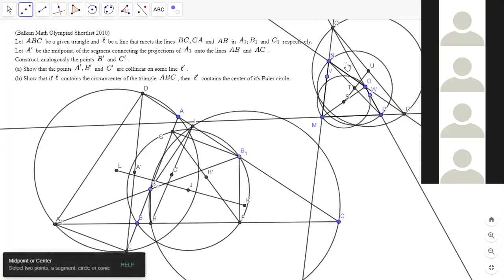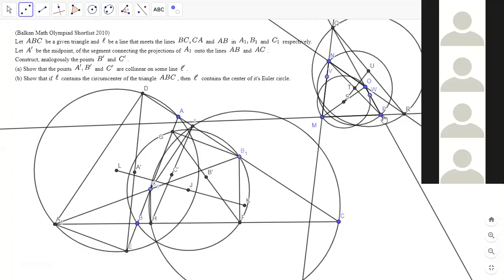Oh, really? If those ratios are the same, so NV over VM is OW over WP? Yeah. Interesting.